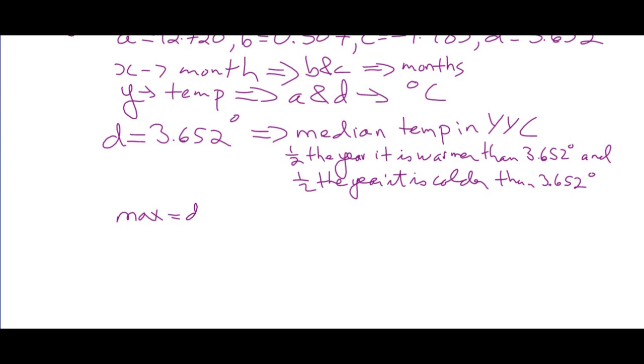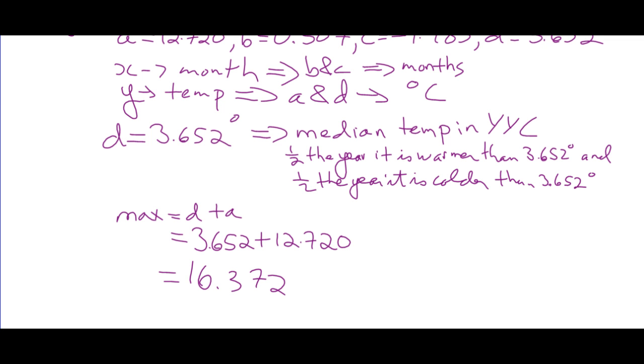Maximum is D plus A, right? So it's from the middle, because what's A? It's the amplitude. What's the amplitude? It's how much you vary from the median or the middle. So you will go 12.720 degrees warmer than 3.652. So we got 3.652 plus 12.720, which is what? 16.372 degrees. Yeah. Okay.